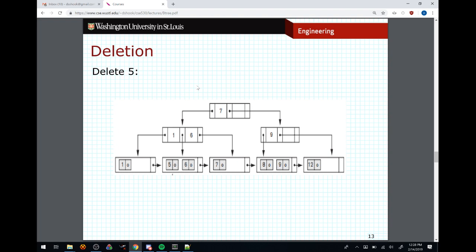Here's our tree. This is not the same tree that we had before, unfortunately. So I'm going to erase this one and draw it up on the board real quick. 7, 1, 6, 9.